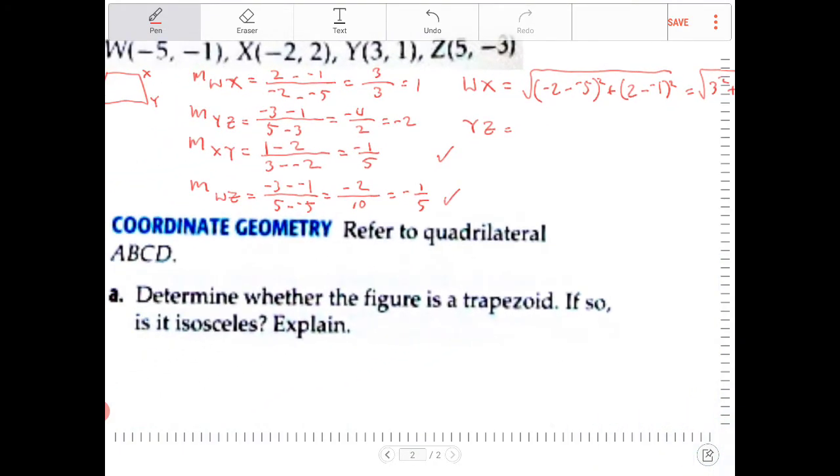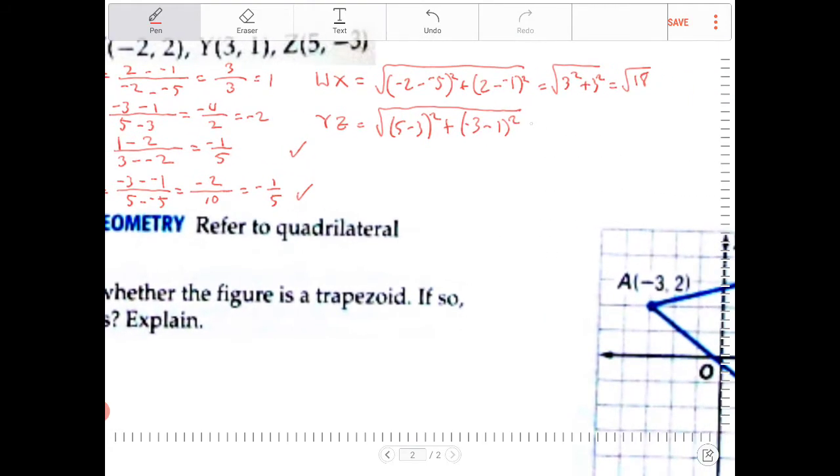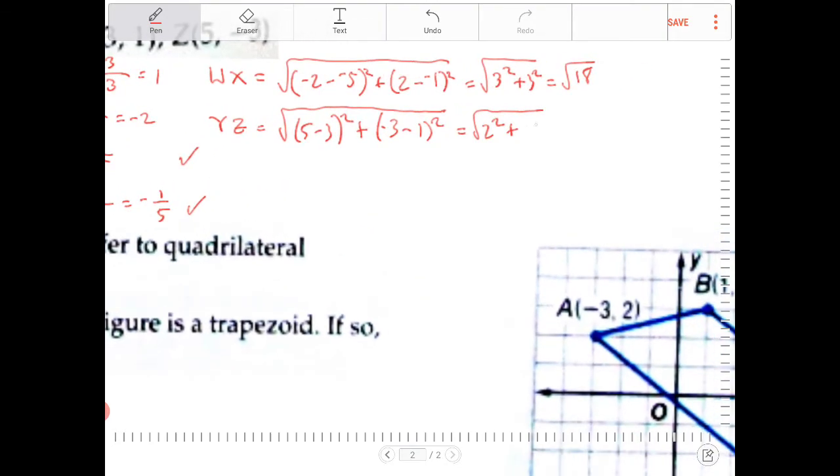And if I apply the same idea, the distance formula with YZ, so that will be 5 minus 3 squared plus negative 3 minus 1 squared. So that will be square root of 2 squared plus 4 squared. And 16 plus 4 is going to be 20.